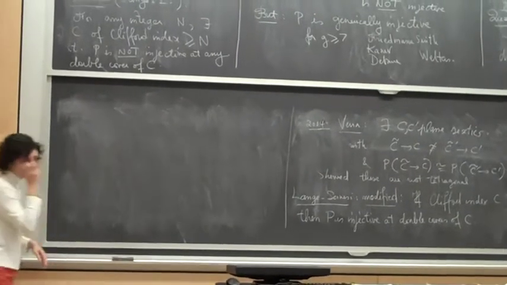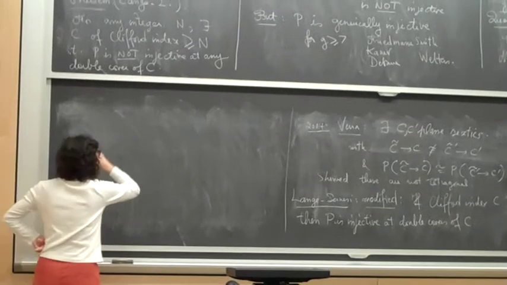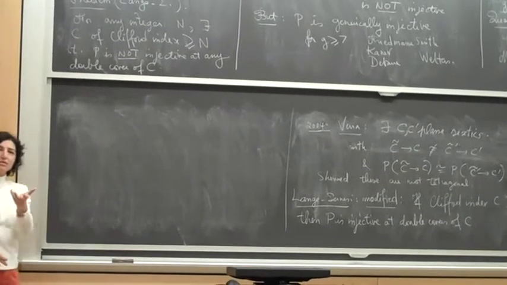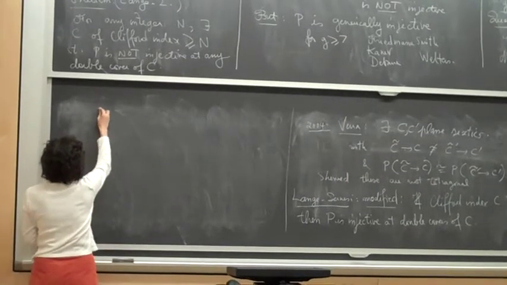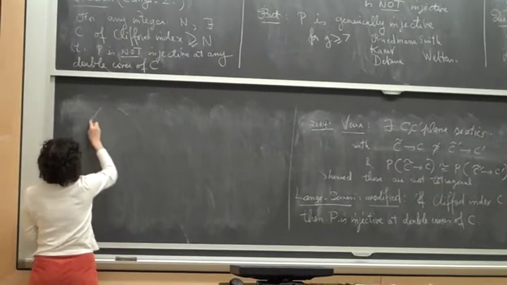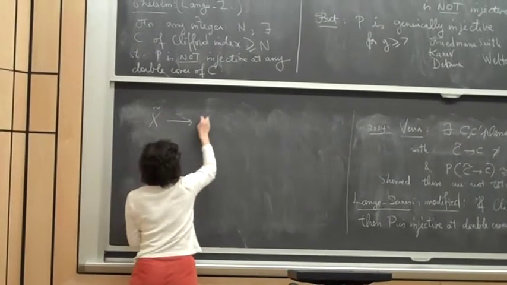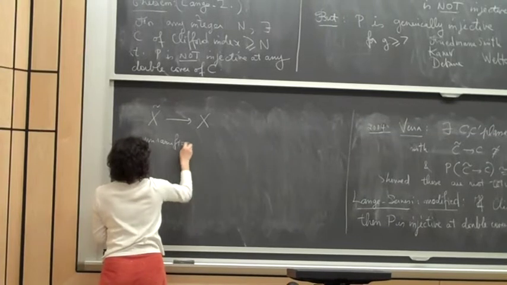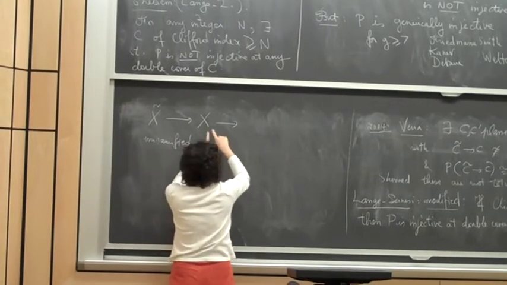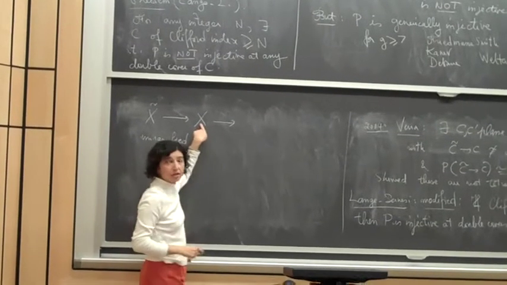So, it's the tetragonal construction, but you change the base curve. I will take a double cover, unramified. This curve is not going to be a generic, general curve.